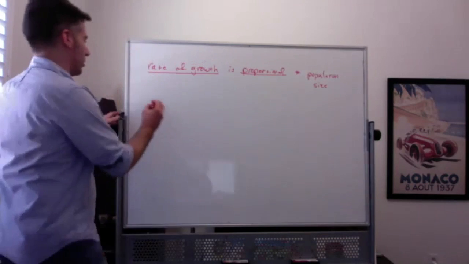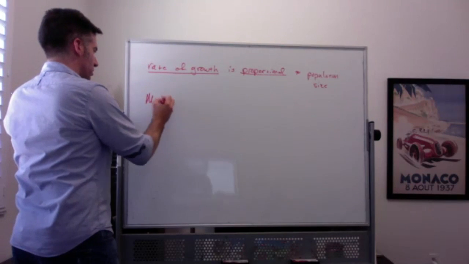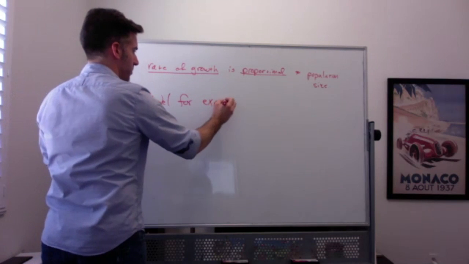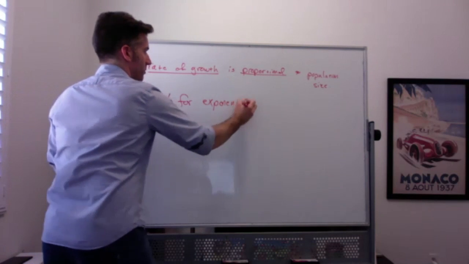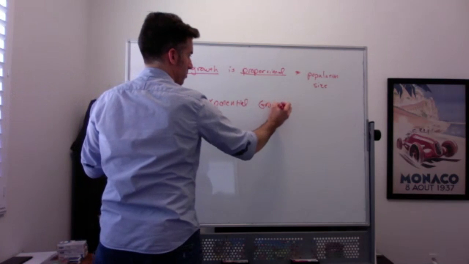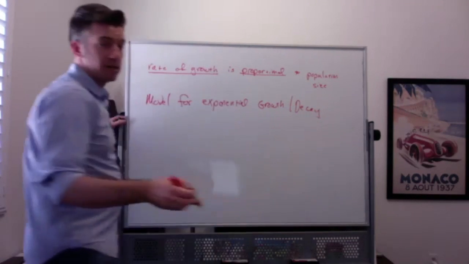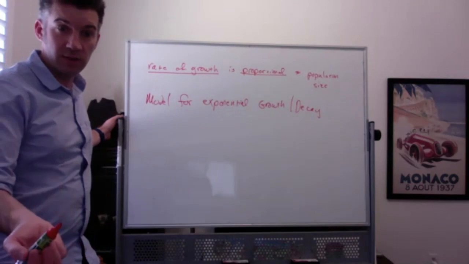So here's the model for exponential growth or decay. It is the same as the model for compounding interest continuously.